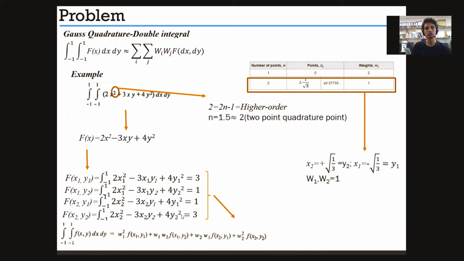So in that case we will plug in all the values of the functions and all the values of w1 and w2, and by applying this we can get the exact integral value following the Gauss quadrature double integral. So this is how we can get the area by following the Gauss quadrature integration method.